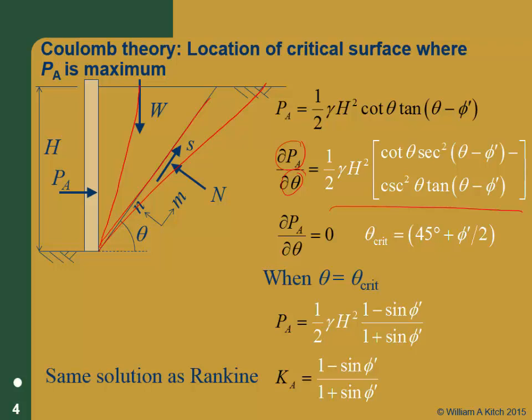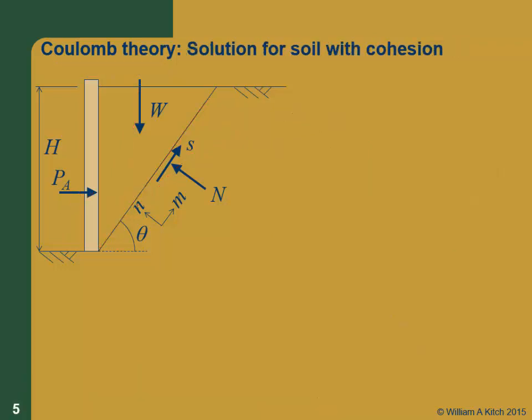There's no reason that PA has to be horizontal. I could have put it at any other angle here, and I could have solved the equations just the same if that's a fixed angle. I didn't need to make that assumption. So that's one of the flexibilities of Coulomb. We're going to do the same solution with cohesion. And then we're going to make it more general by allowing changes in the slope angle, changes in the orientation of PA, and also changes in the back slope of the wall.